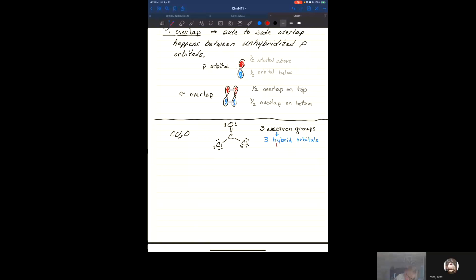That means I need to mix 3 atomic orbitals.